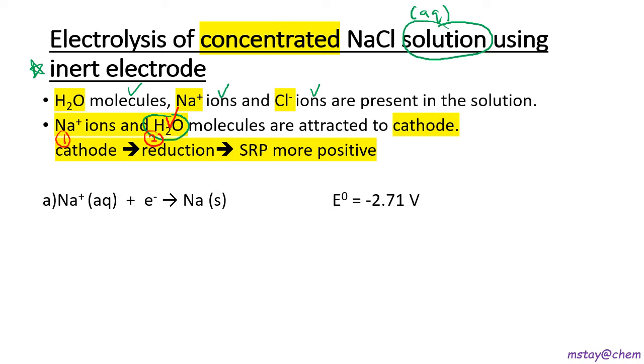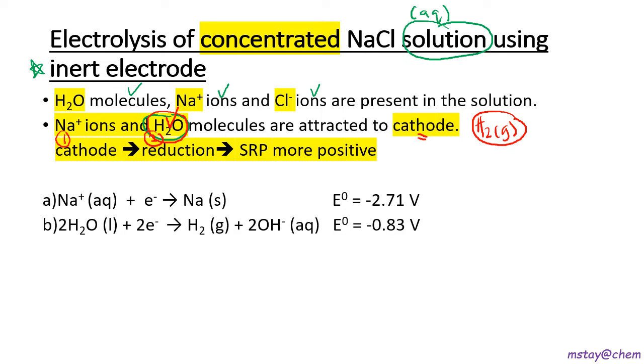Because if water is selectively discharged at the cathode, hydrogen gas will be produced. So when you refer to the SRP values, you have to choose the half equation with water and hydrogen gas. This is the one that we choose from the SRP series, where you can see we have water and the product is hydrogen gas, and the SRP value is negative 0.83.